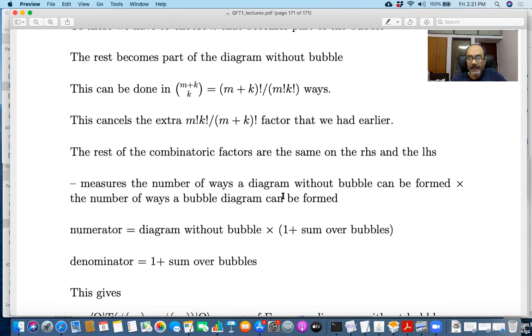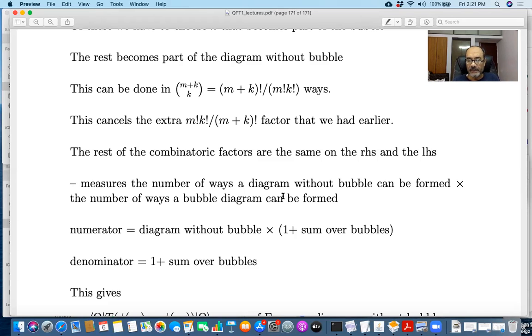So we are dividing the calculation of the combinatoric factor into two parts. One is in how many ways the original m plus k vertices can be distributed into part of the bubble and part of the diagram without bubble. After that, there is a very complicated calculation you have to do to figure out the combinatoric factor for the bubble and the combinatoric factor for the diagram without bubble.